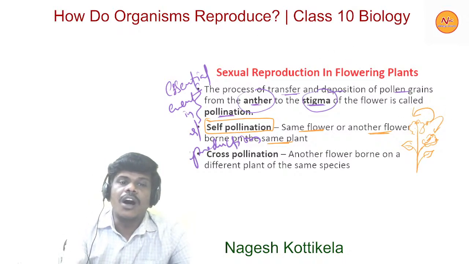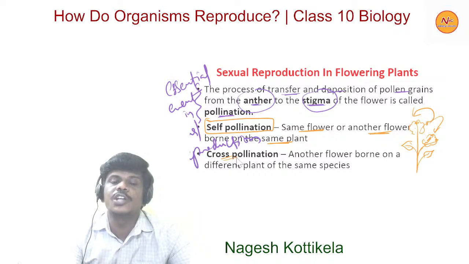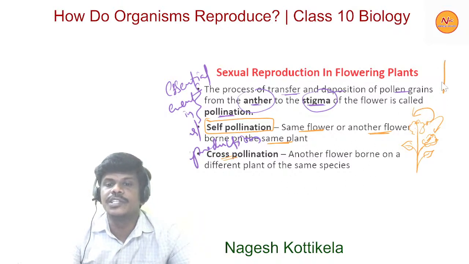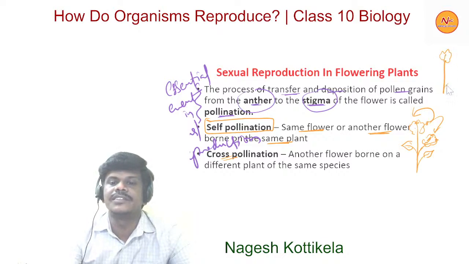Okay, now opposite to this, one more type is cross pollination. Let's suppose here is another plant, and it has a flower like this. Let's suppose this is the anther and this part is the stigma.